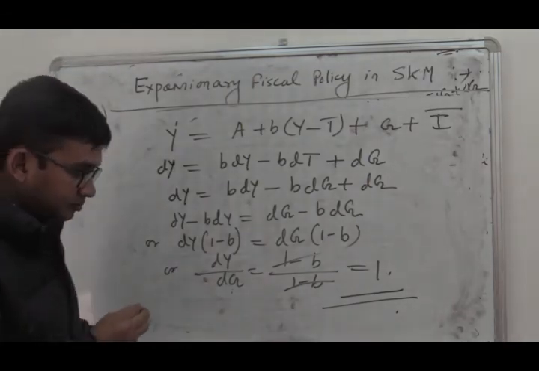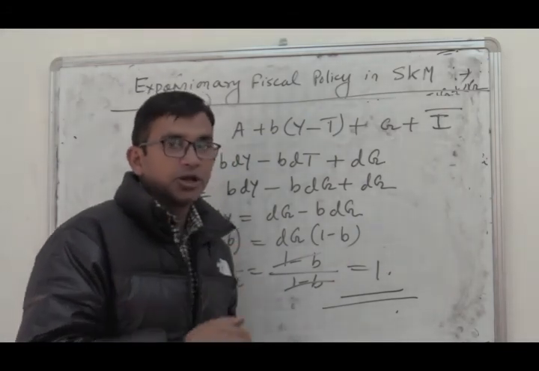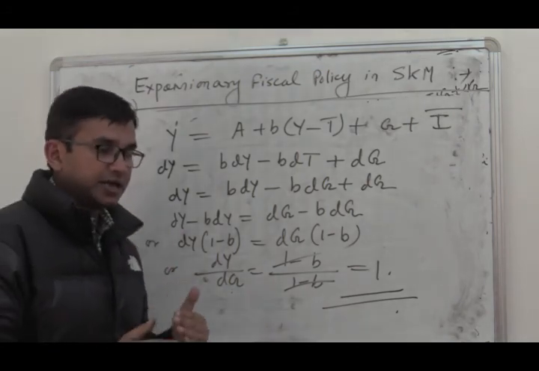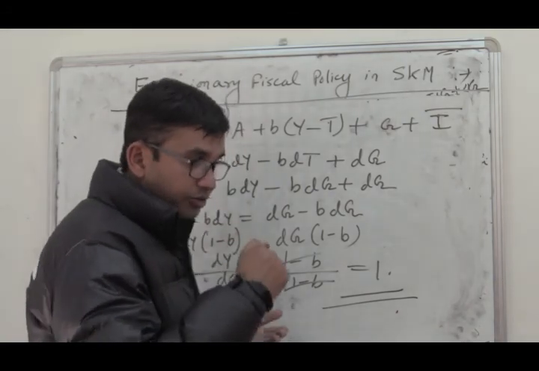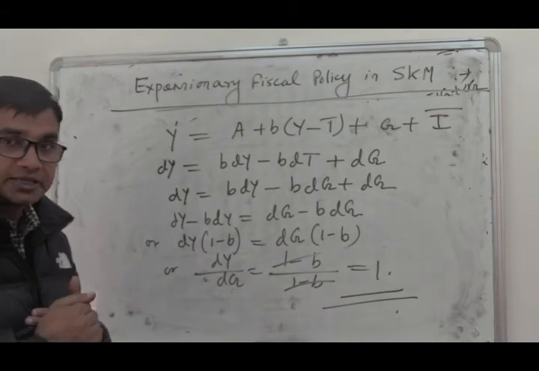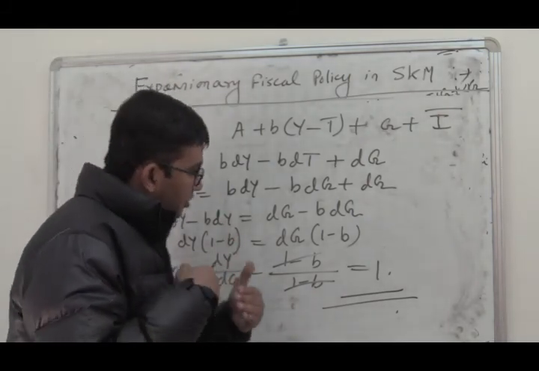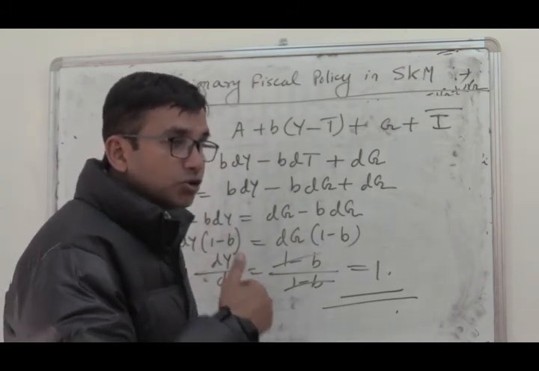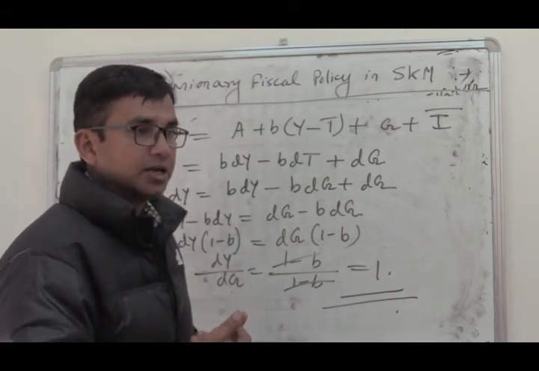Next, whenever we are considering the expansionary fiscal policy through decrease in taxation, it affects indirectly, because whenever there is decrease in taxation, first it will affect the disposable income. It will increase the disposable income in the hands of the consumers. So whenever there is increase in disposable income, that will boost up consumption, and finally it will boost up aggregate demand.